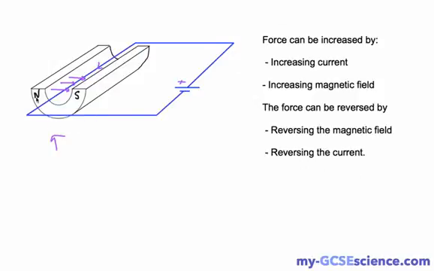So instead of having north and south over here, we could have south and north, the other way around. We'd then have to point our finger in the opposite direction, and we would see that we would get a different direction of motion because we've reversed the magnetic field. And the same idea with reversing the current. We kind of did that with this example here.